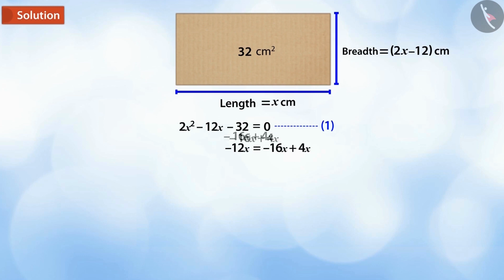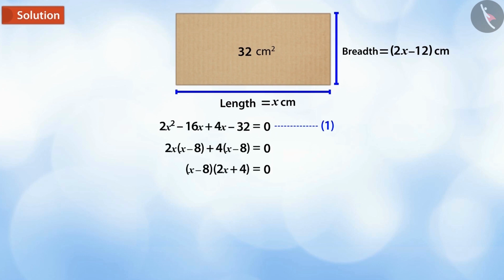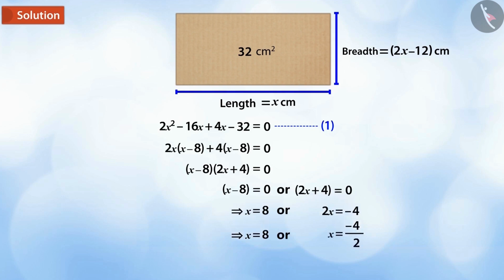On solving, we see that x minus 8 is equal to 0 or 2x plus 4 is equal to 0. Hence, we get x is equal to 8 or x is equal to minus 2.